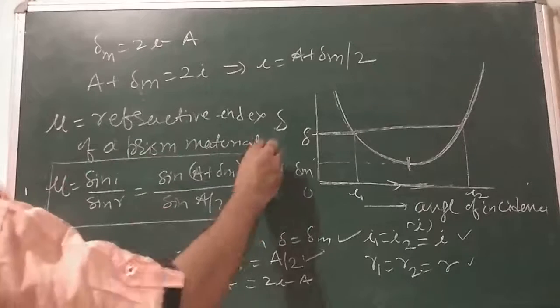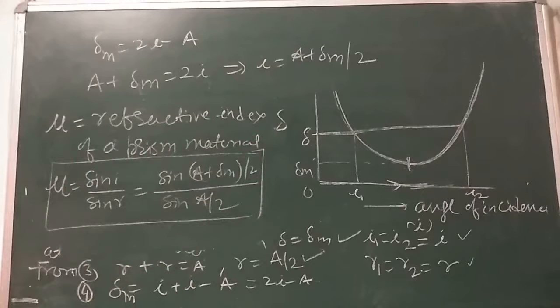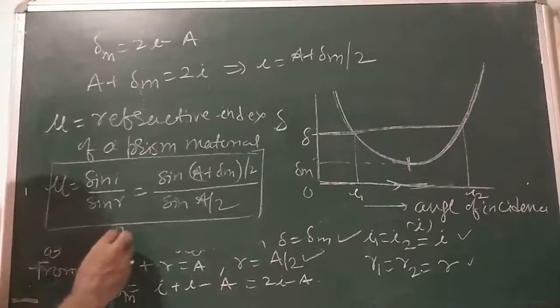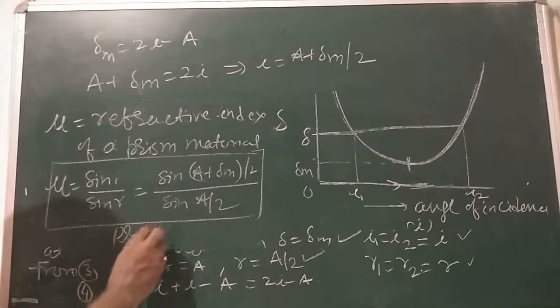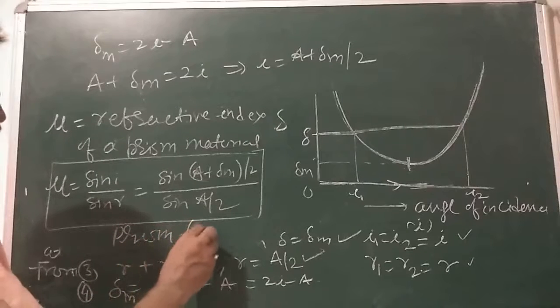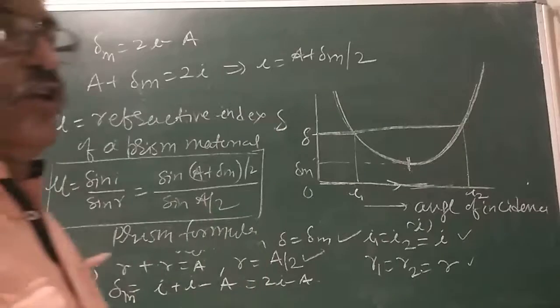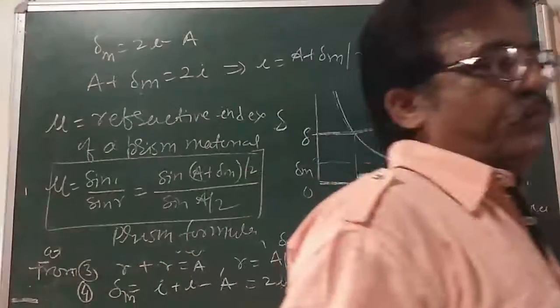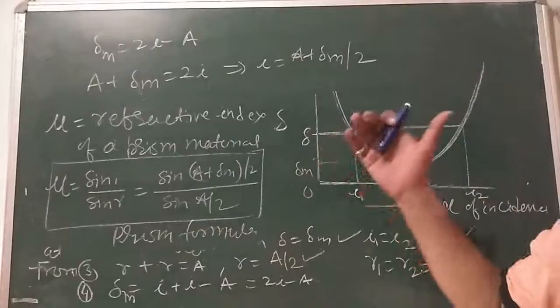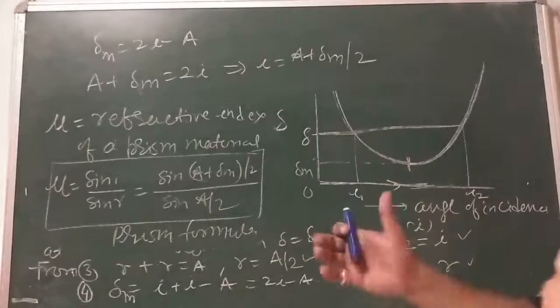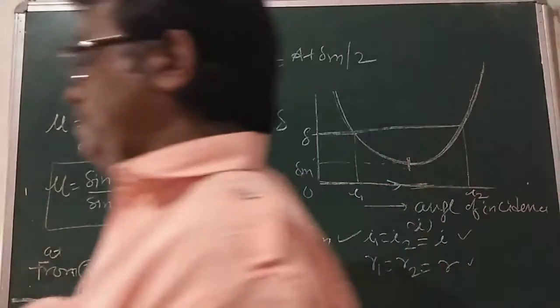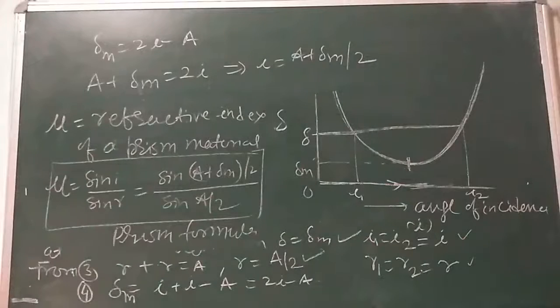This is the required formula, or it is called the prism formula. Dear children, it is a 5 marks question for your CBSE examination. So prepare your notes accordingly with the help of this blackboard and write down.